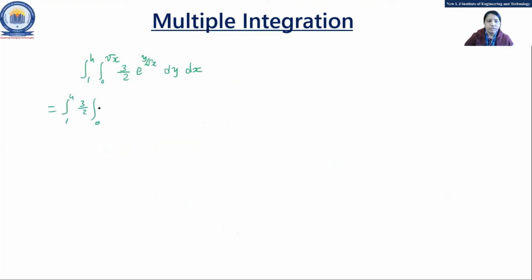3 by 2, then 0 to root x, e raised to y by root x. First we'll integrate with respect to y and then x.